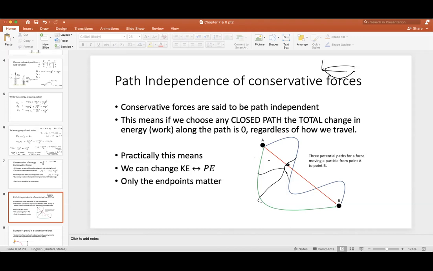The energy at A and the energy at B and the energy at C and the energy at D are always the same. So the energy is path independent. That's really, really helpful, because it means we don't have to do these crazy integrals anymore. We can just write down the energy at different points, because we don't care how we got there.